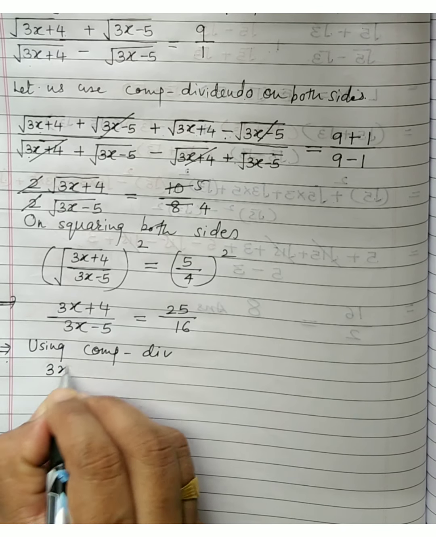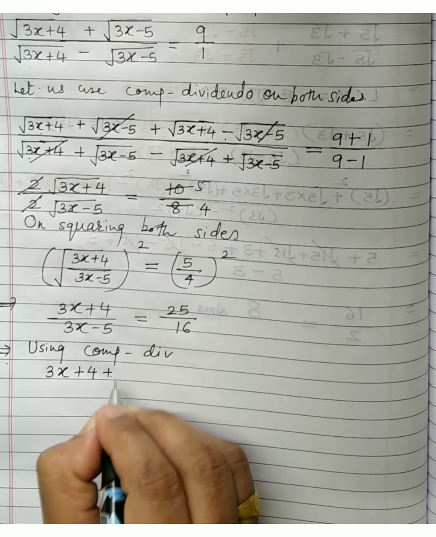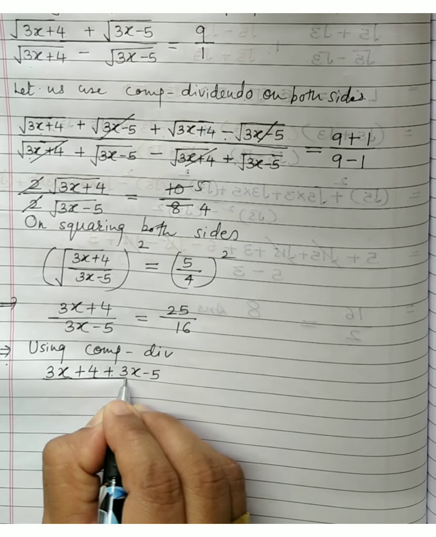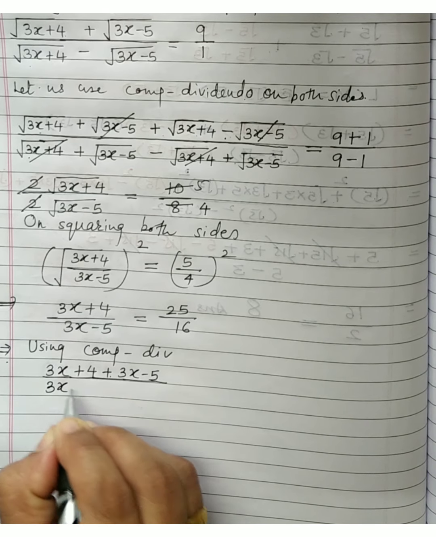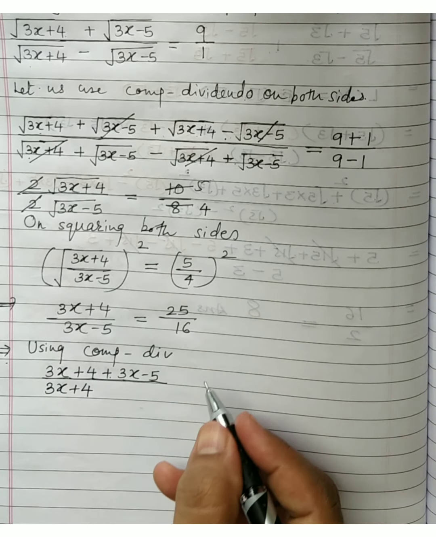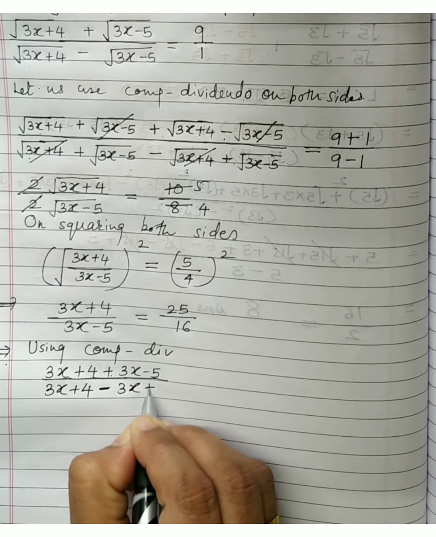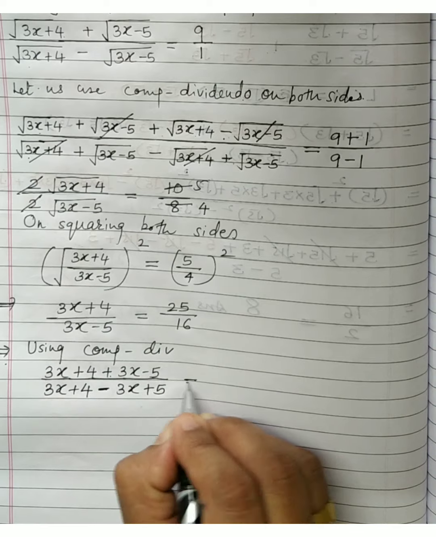What we get? 3x plus 4 numerator plus denominator 3x minus 5, a plus b, numerator plus denominator, upon numerator 3x plus 4 minus denominator. So what will it become? Minus 3x plus 5. Did you understand the sign change here?